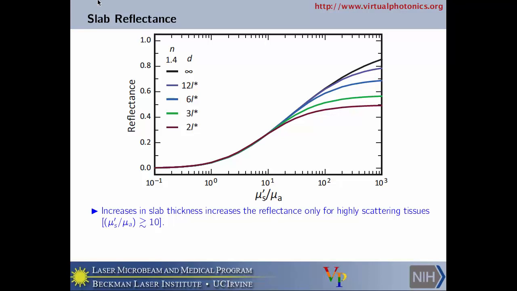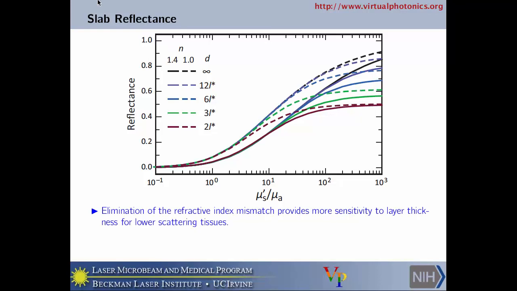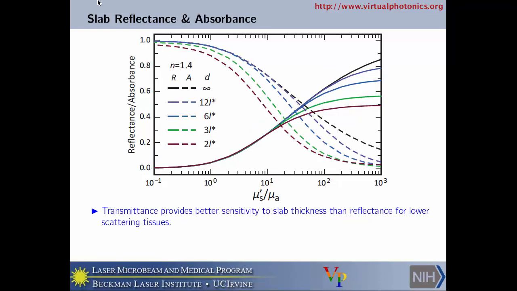So reflectance alone will give you only a partial indicator of the scattering coefficient of your slab. And so that's why we need measurements such as absorbance or transmittance. And you see here that transmittance, which is what's remaining after you add absorption and reflectance, will provide better sensitivity to slab thickness than reflectance for lower scattering tissues.